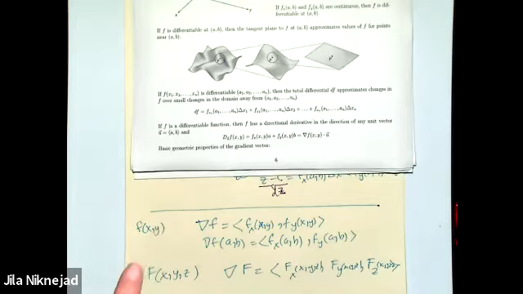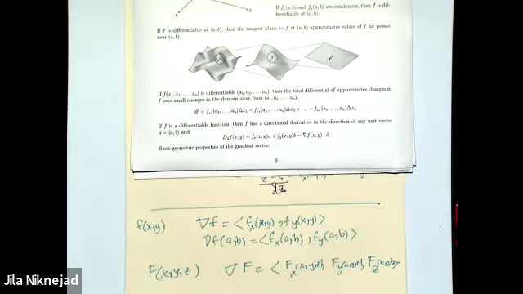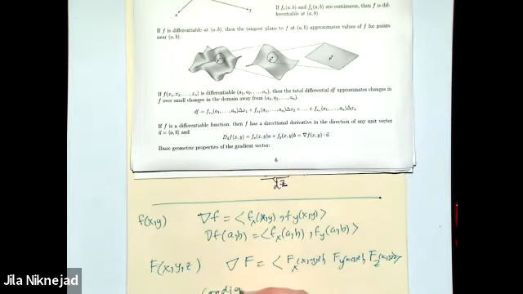As soon as you go one variable up, it gets bigger. So the gradient of a function at a point is perpendicular to the level set of the function.